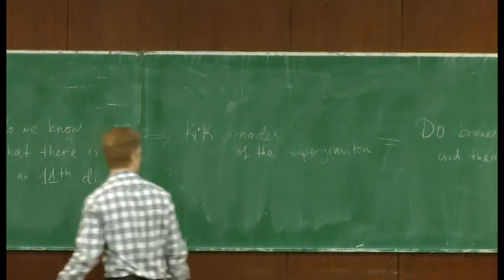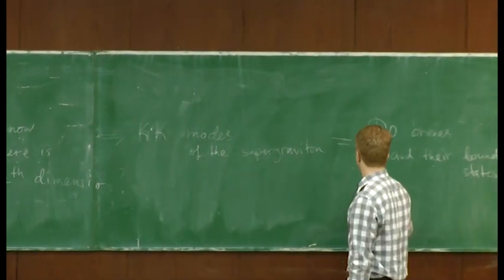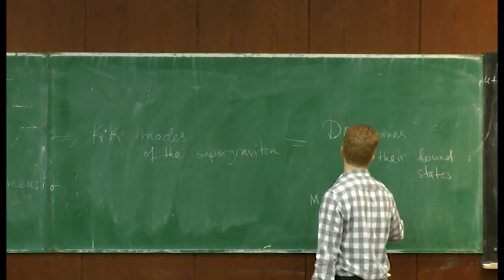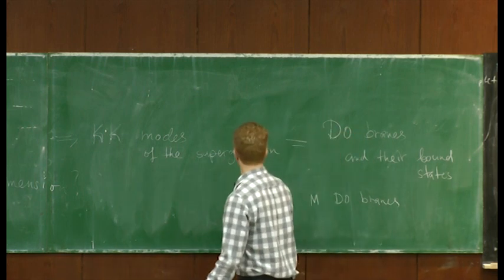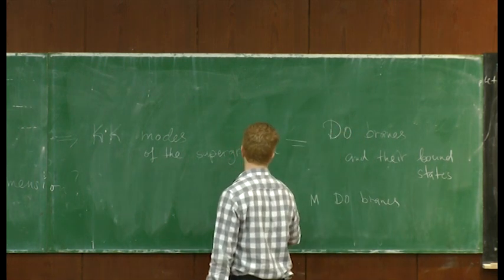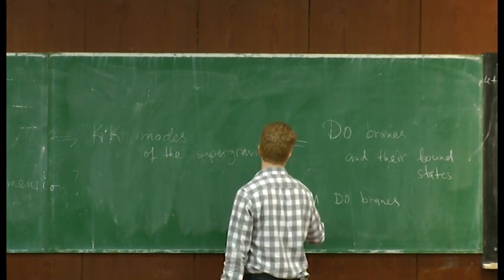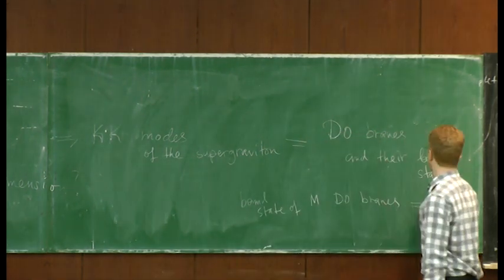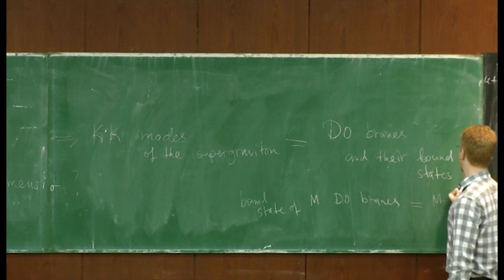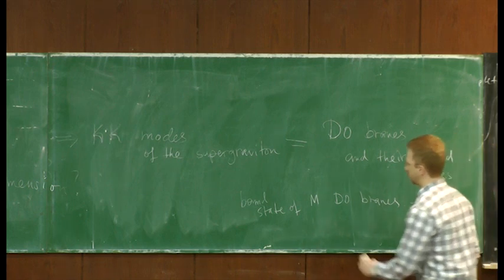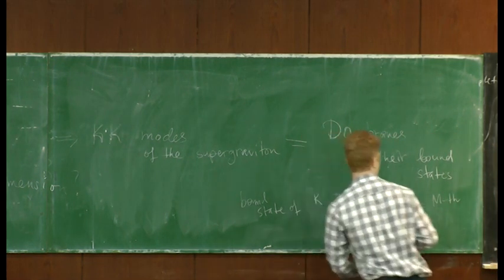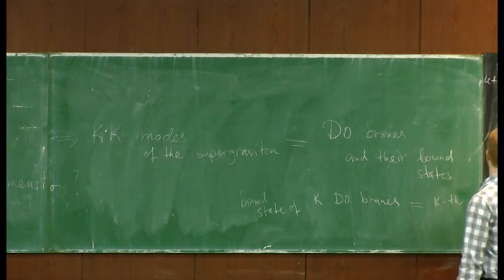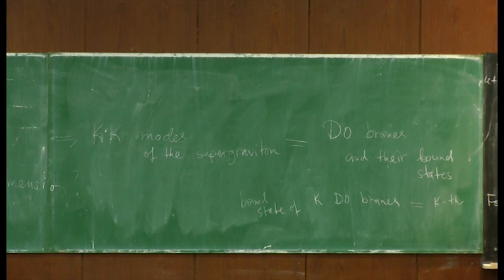The bound state of k D0 branes is the kth Fourier mode.